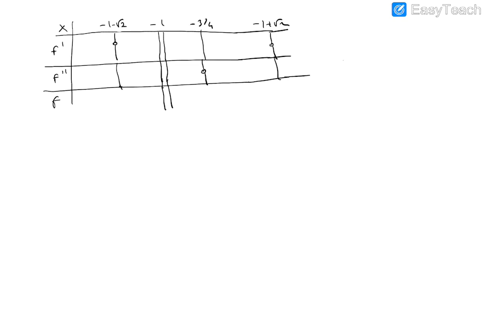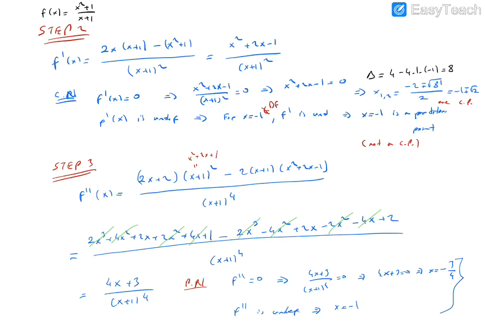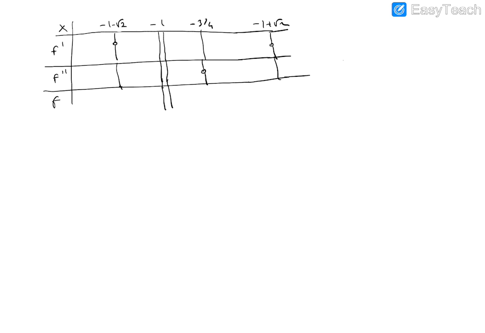So let's make the sign chart. For x equals 0, f prime is negative. Minus 1 over x plus 1 squared minus 1. Okay, where is the 0? 0 is here. So this is negative f prime.